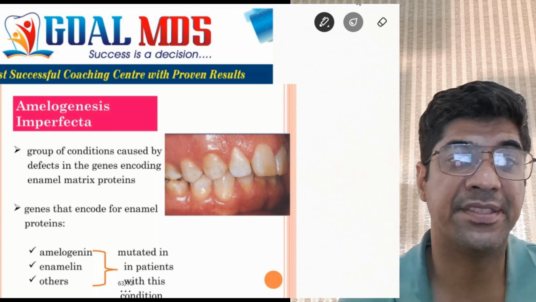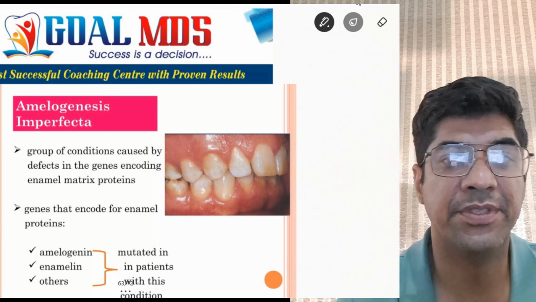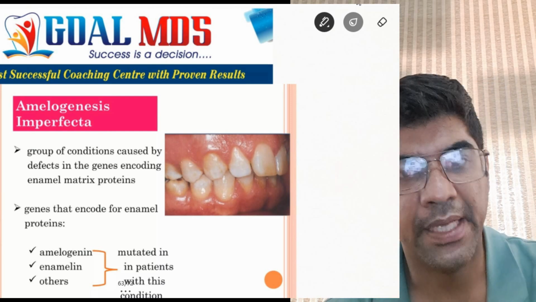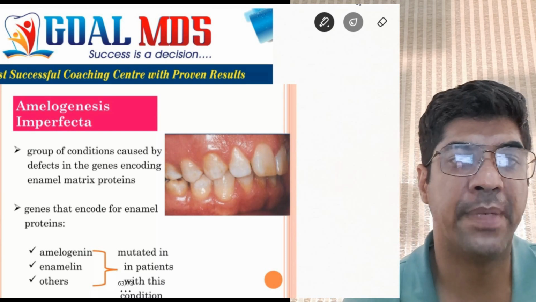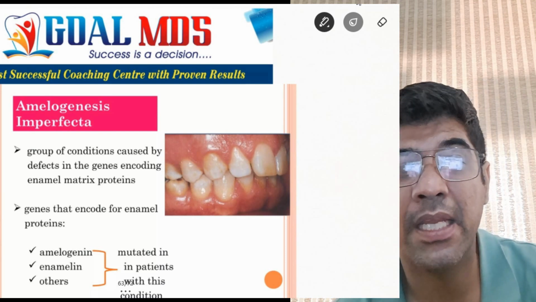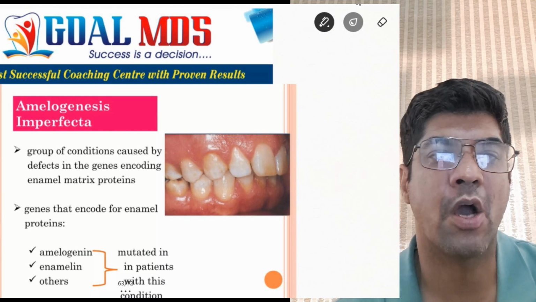That brings clinical signs and symptoms that include discolored teeth that are smaller than usual, irregularly shaped teeth, and enamel that is thin, rough, or prone to chipping and breaking.